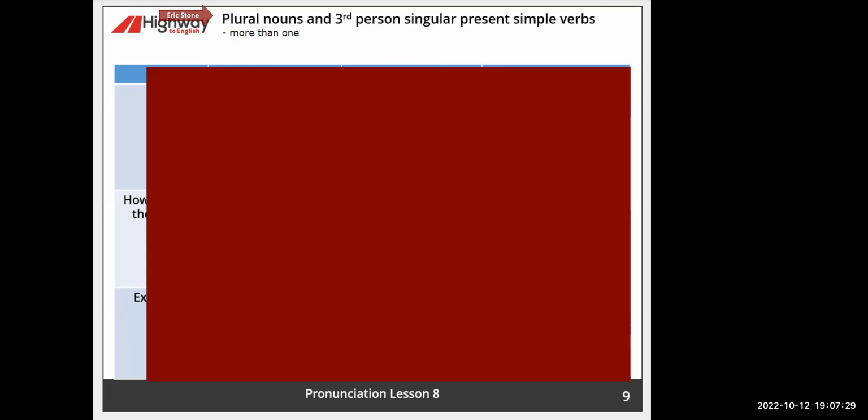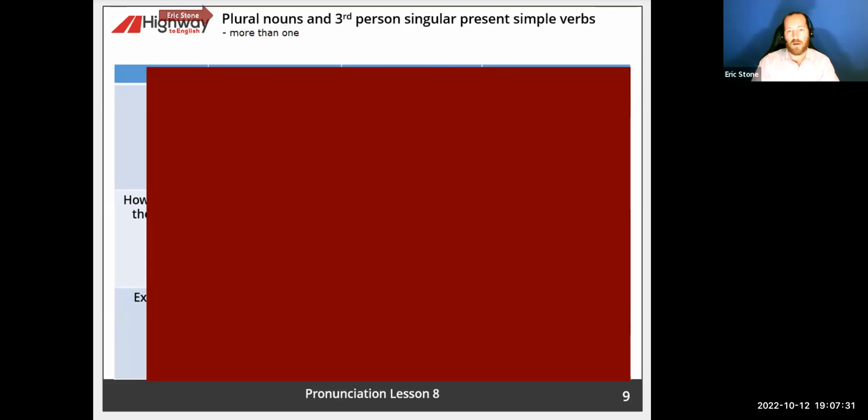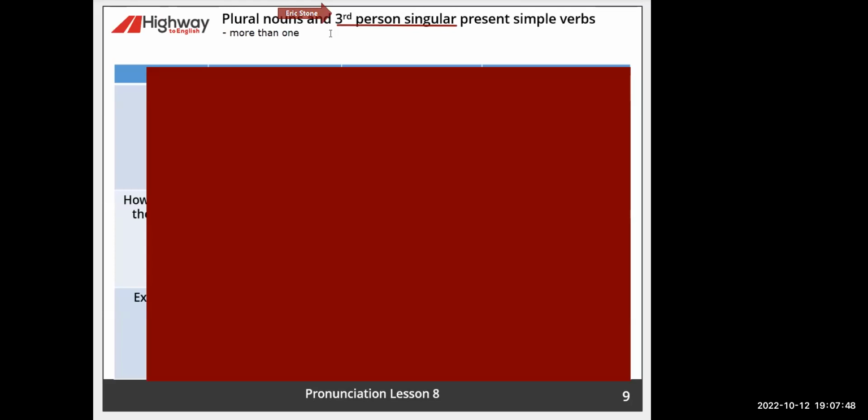And then for the third person singular present simple verbs, what do they mean by third person? Is that like they, he or she?